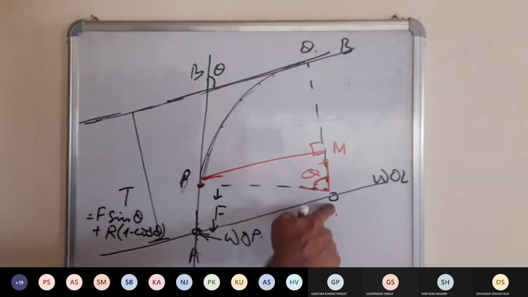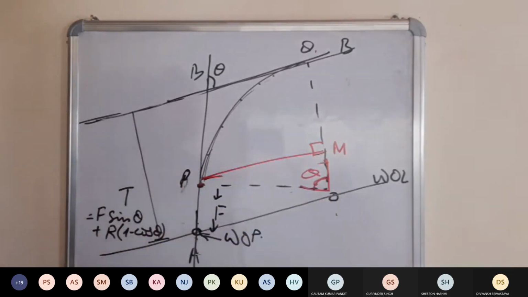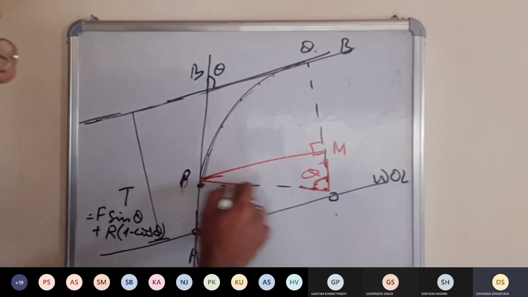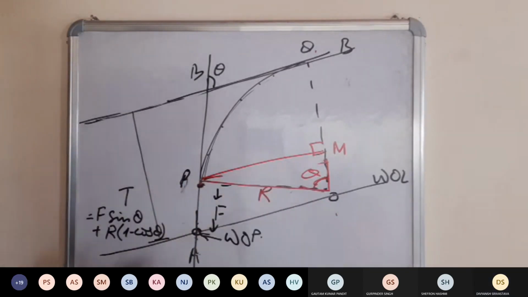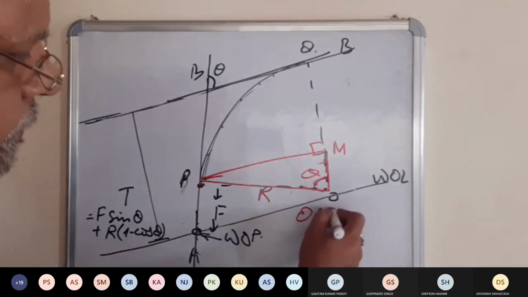So do we have POM, a right angle triangle? In which we have the hypotenuse as R, so tell me the value of OM.